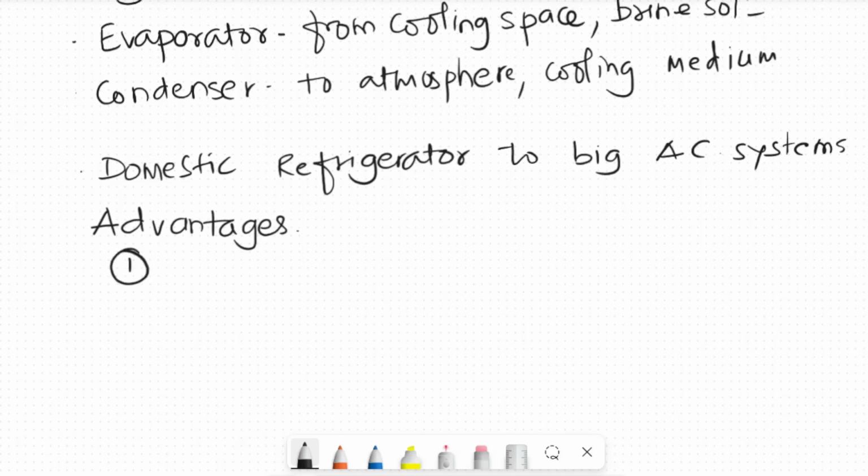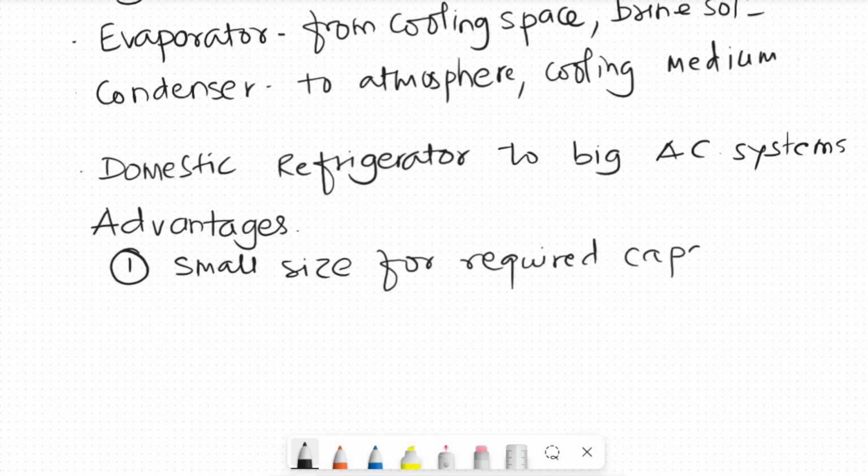Number one, the size is small for the required capacity. So the size of the system is small for the required capacity. Next is the less running cost.